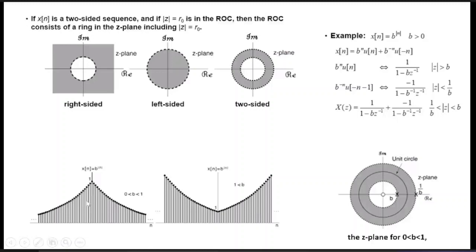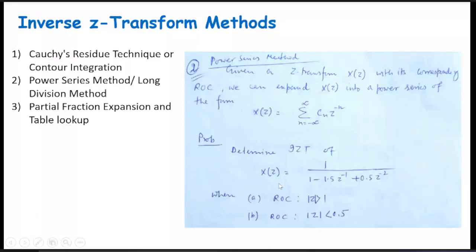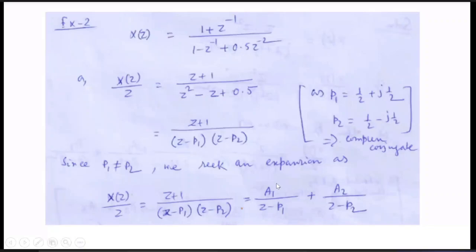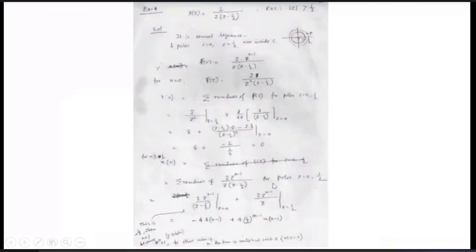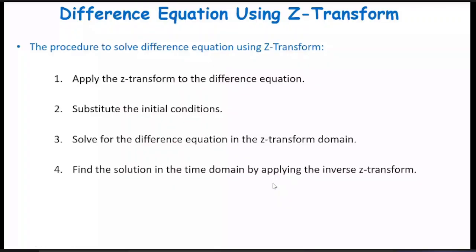Now coming back to the topic that I wanted to discuss today: how the Z transform is used to solve a difference equation. Difference equations we have seen by finding the homogeneous solution and particular solution. Now another method, it is the indirect way, but it is a very easy method to find the solution of a difference equation.